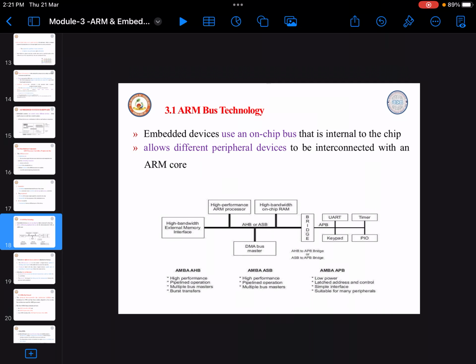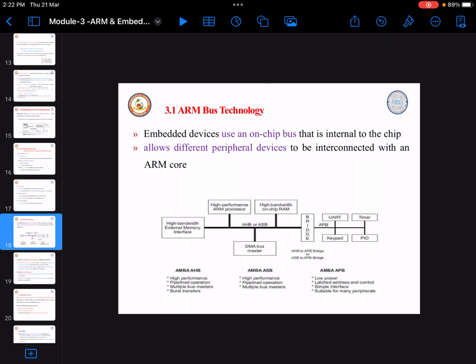Within the processor you will have either AHB or ASB, so it could be the high performance bus or the system bus. The major difference you can observe between these two is that the high performance bus has burst transfer of data. The remaining things are the same.